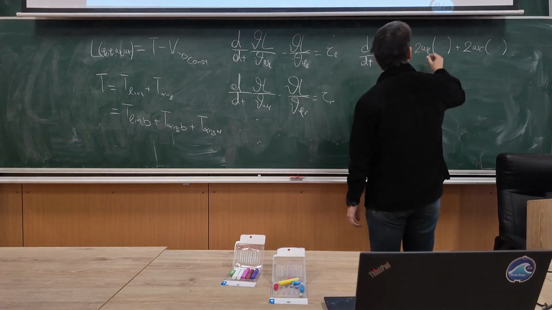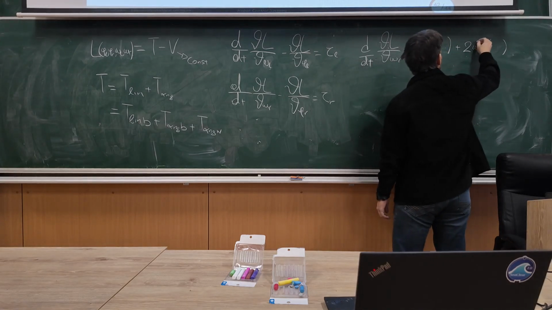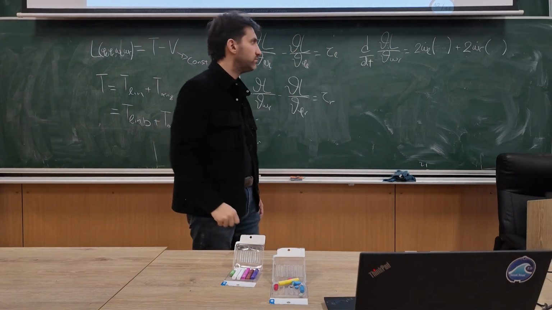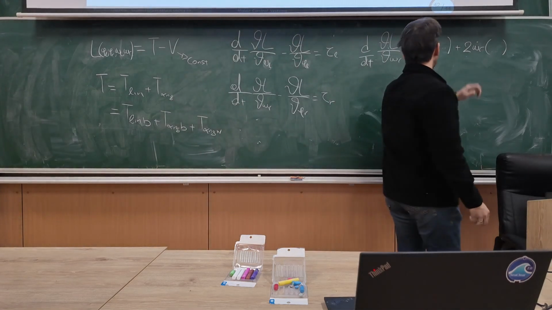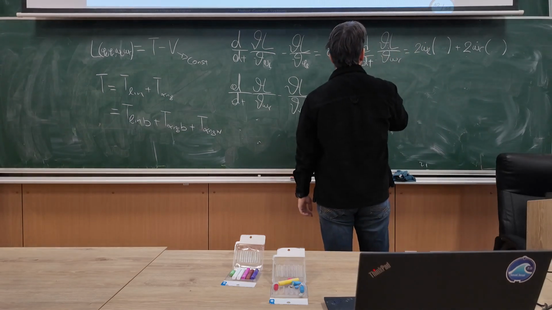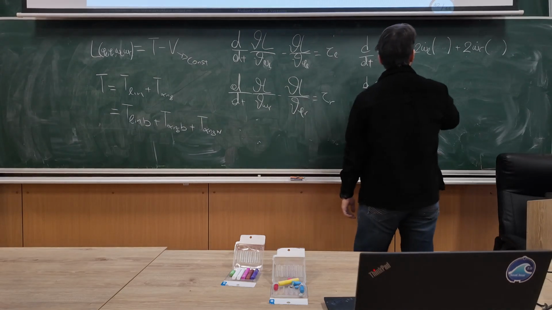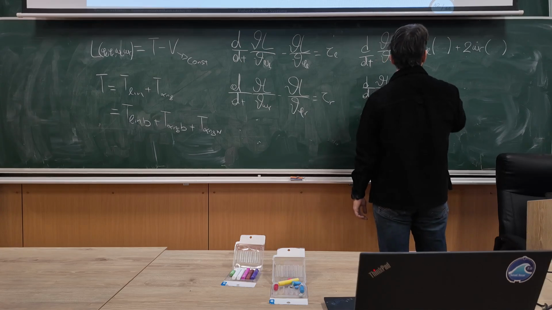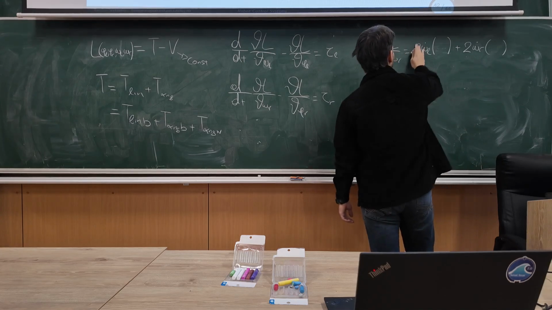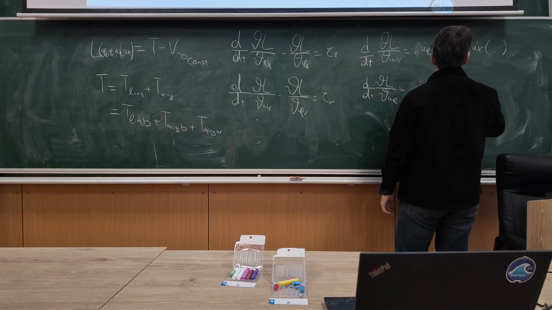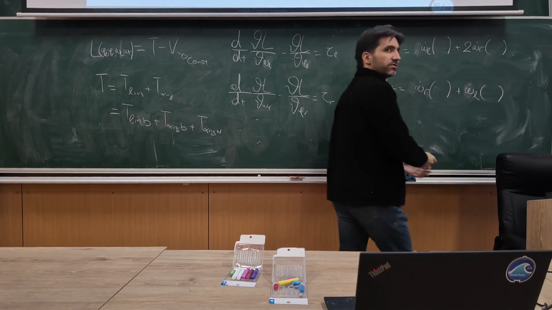So what I will end up with is taking the derivative of this and the derivative of this. So this is accelerations. And similarly, I will end up with a 2 omega R square. I can even skip the square and put it in the constant, plus 2 omega L dot and some constant.